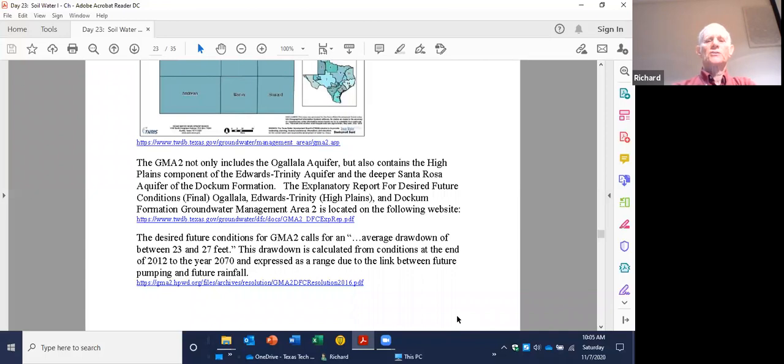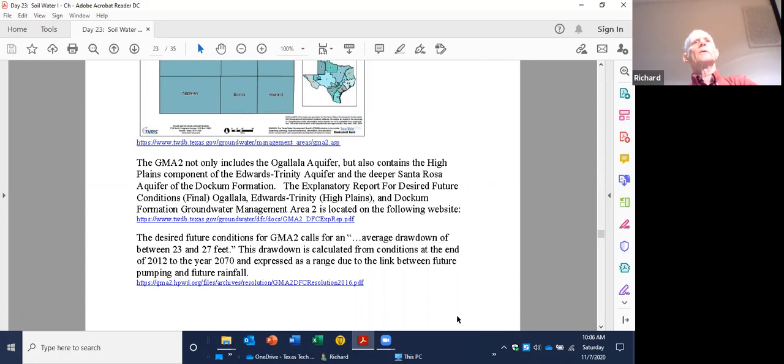Desired future conditions for Groundwater Management Area 2 call for, quote, an average drawdown between 23 and 27 feet, unquote. This drawdown is calculated from conditions at the end of 2012 through the year 2070 and expressed as a range due to the link between future pumping and future rainfall.